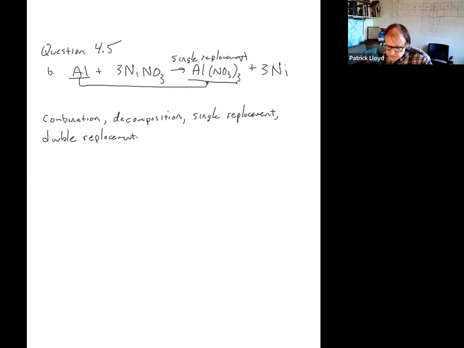Okay, the double replacement would be where the first one has 2 parts and the second one has 2 parts and they just switch partners. So let me show you another one. That was part B. Let's do part C. KCN plus HCl goes to HCN and KCl. I'm not showing the states of matter just to save a little bit of time. Okay, let's see.